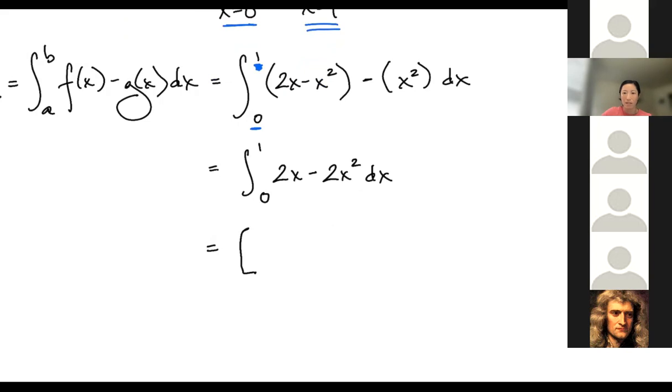Perhaps some folks could take the 2x and some folks could take the 2x squared. And then we have our bounds 1 and 0.